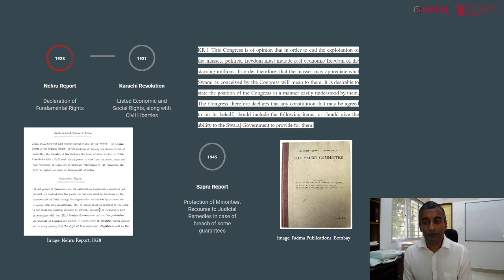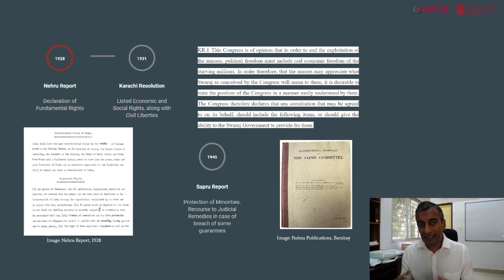In order, therefore, that the masses may appreciate what Swaraj as conceived by the Congress will mean to them, it is desirable to state the position of the Congress in a manner easily understood by them. The Congress therefore declares that any constitution that may be agreed to on its behalf shall include the following items, or should give the ability to the Swaraj government to provide for them.